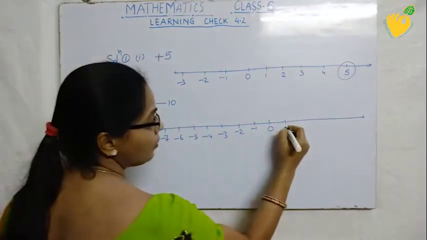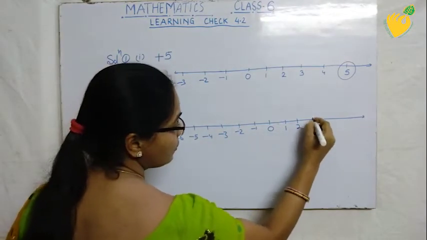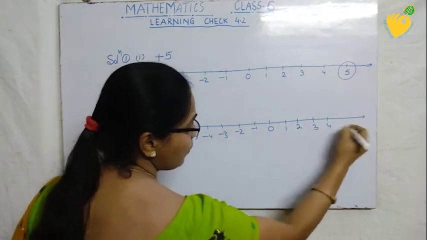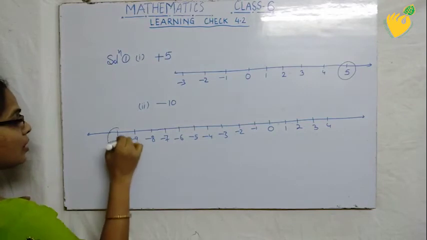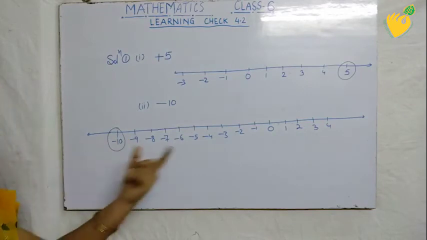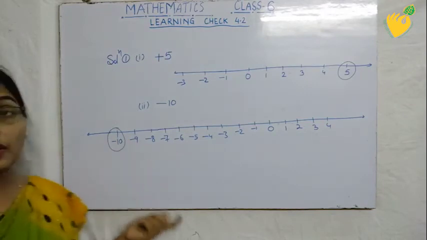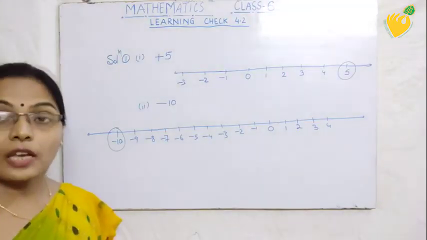So students, here you can also represent the positive integers 1, 2, 3, 4 and so on. Where is -10? It is on the left hand side of the 0, that is on the left hand side of the number line. Similarly, you can do the rest of the questions.